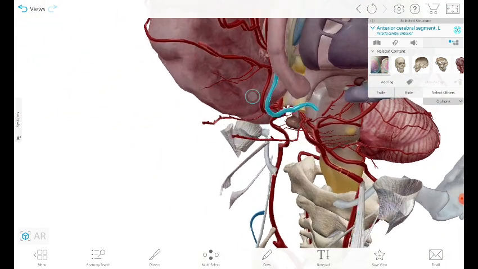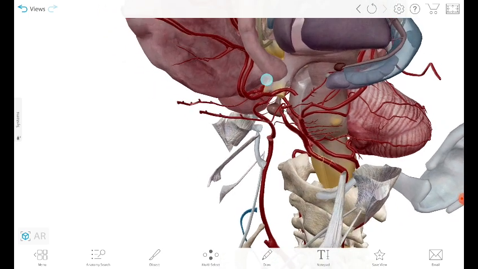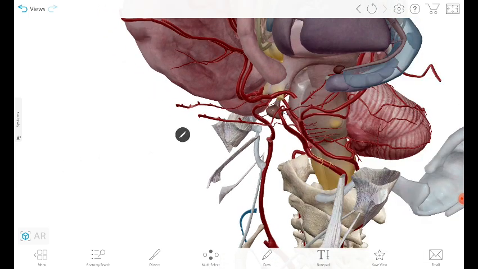So this is the frontal lobe, and the anterior cerebral artery supplies the anterior part of the cerebrum. So these here are the anterior cerebral arteries.